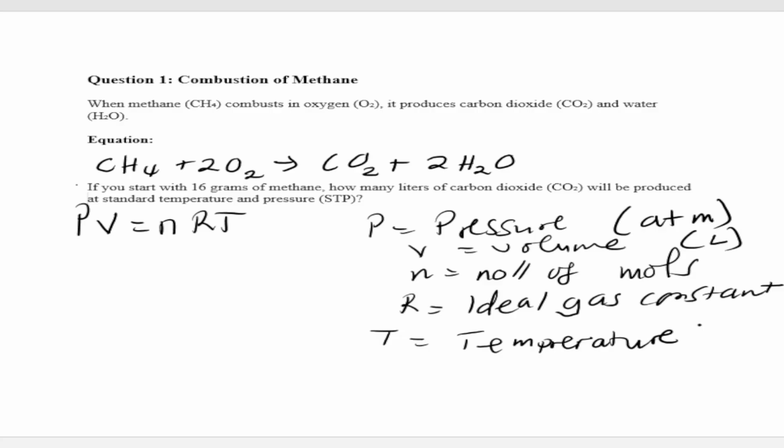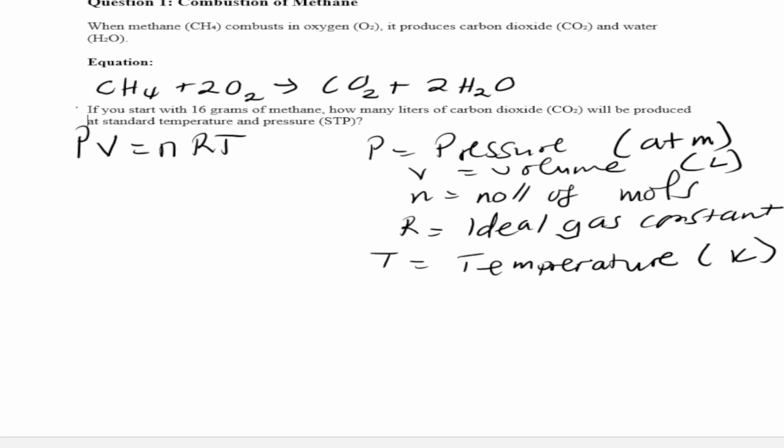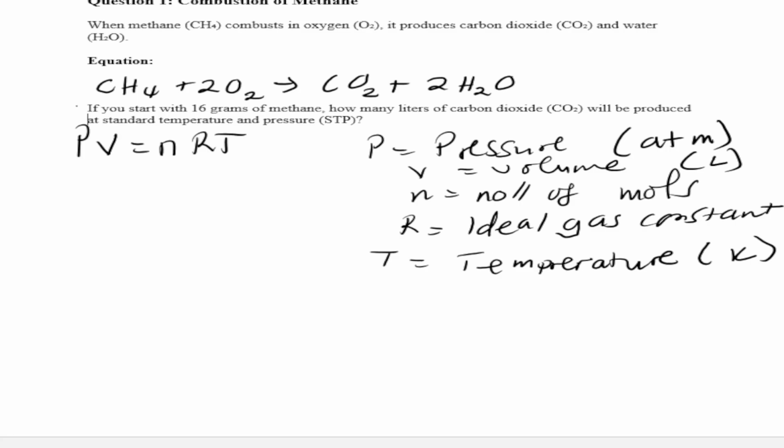Okay, let's talk about the temperature here. It must be in kelvins. So whenever they give you the temperature, you have to convert, or most of the times, they give you the conditions. Normally we've got what you call STP, which is standard temperature and pressure.